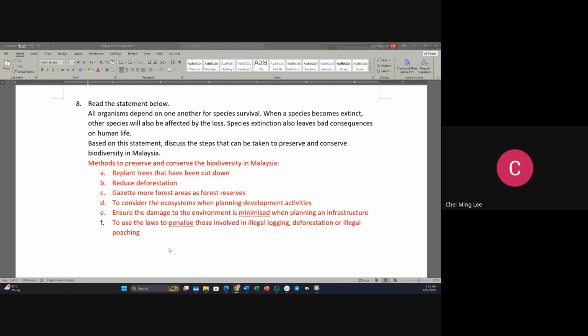Then we have to consider the ecosystem when we plan development activities, ensure damage to the environment is minimized when we plan infrastructure, and also use the law to penalize those involved in illegal logging, deforestation, or illegal poaching. Okay?